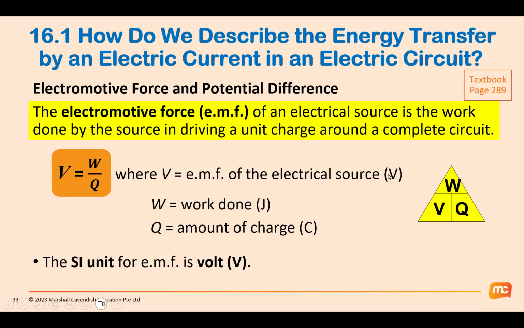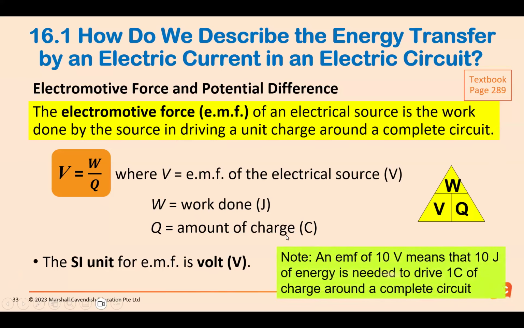That's why I use the symbol V. And then work done is actually the amount of energy given by the source for each charge, or the work done to move each charge. So energy and work done are the same, in joules, and Q is the charge, which is in coulombs. Or you can remember by this triangle, W V Q. So the SI unit for EMF is volts.